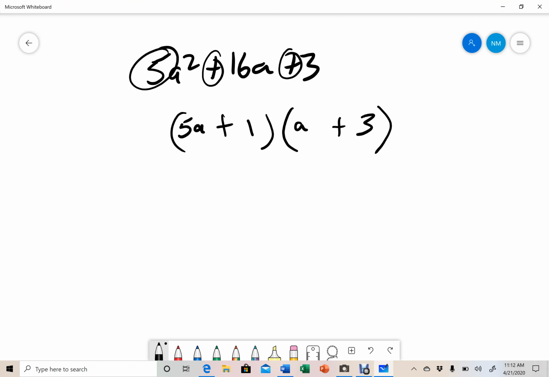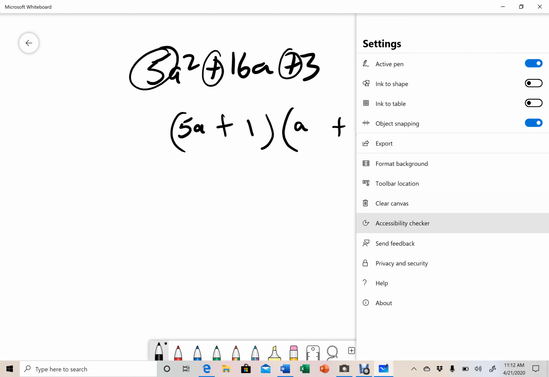But okay, so that was number 6 on our test. Let's look at number 7. Now, I don't have an example for number 7 because number 7 is similar to number 4. The only difference here is we are factoring out in number 7 first, finding what common factor we can pull out of each term, and then you get a simple trinomial.